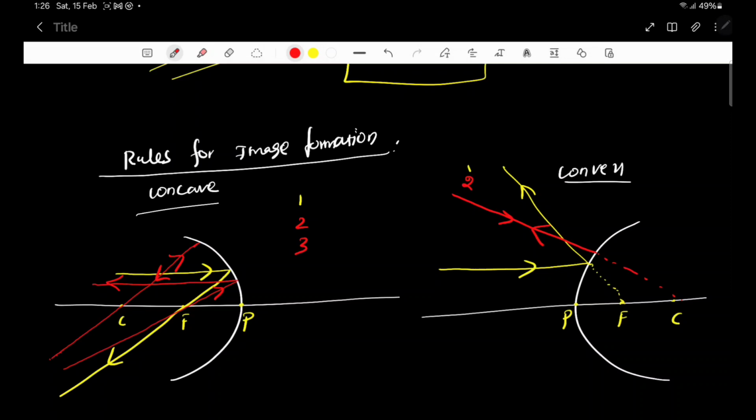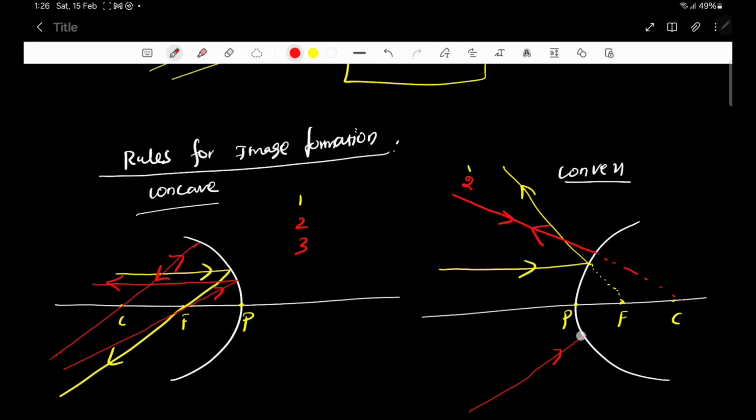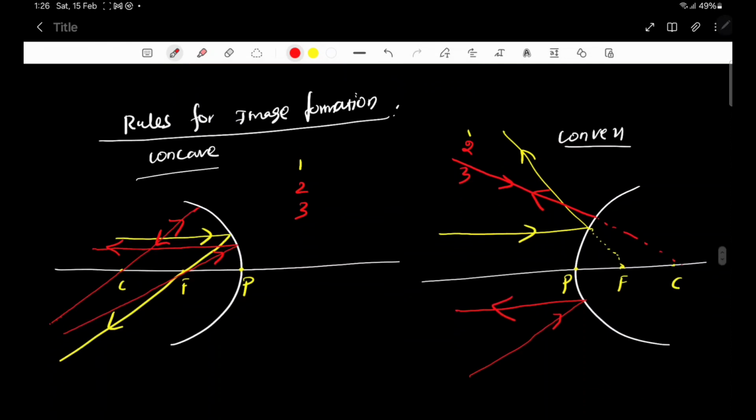So it's rule 3. Similarly, here also we can draw the similar kind of rules. If any light ray is directed towards the focal point, after getting reflected, the reflected light ray will become parallel to the principal axis. It's rule 3.